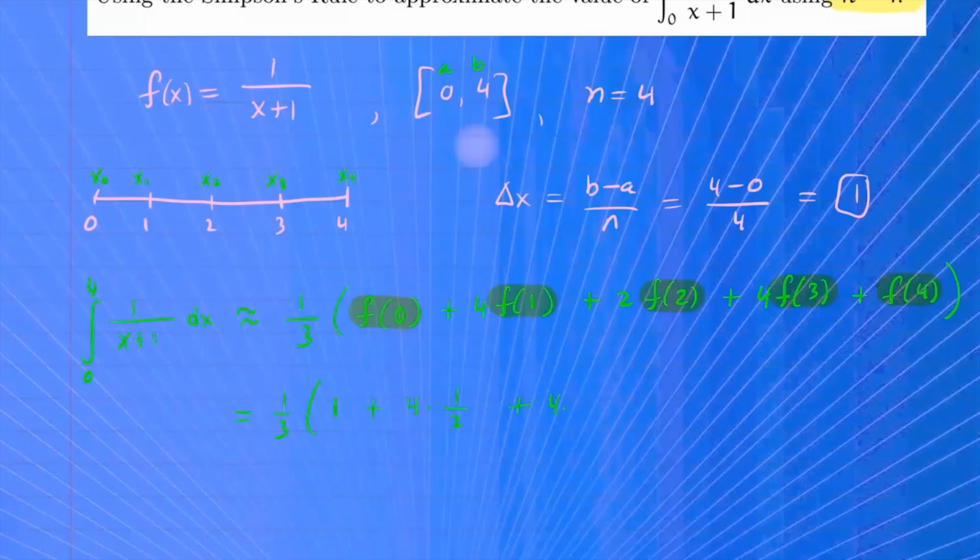That would be 1 over 2 plus 1, that's 1 over 3. Oh, I made a mistake. This is 2, so that was this one. And then the next one will be 4 times f of 3, so that's 4 times 1 over 3 plus 1, that's 1 over 4, plus the last one, f of 4. That'll be 1 over 4 plus 1, that's 1 over 5. So that's how you set this up.